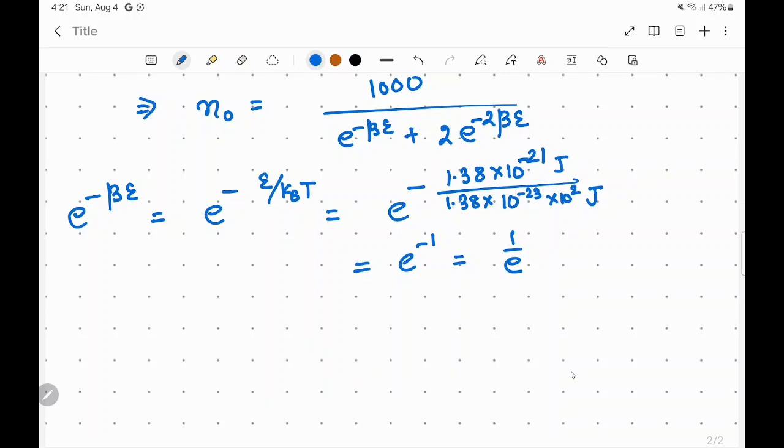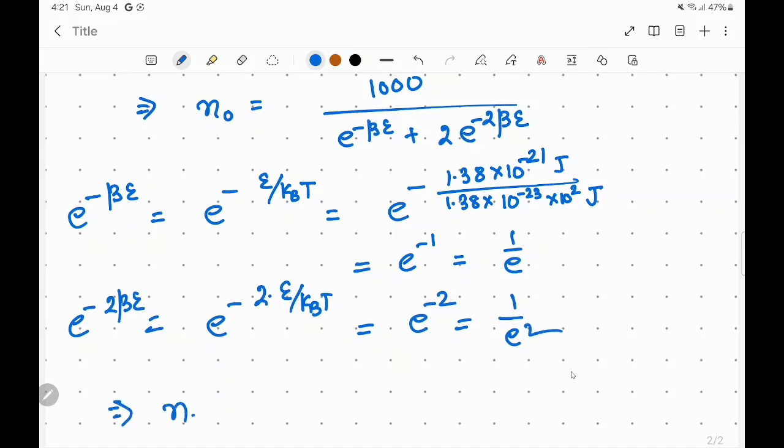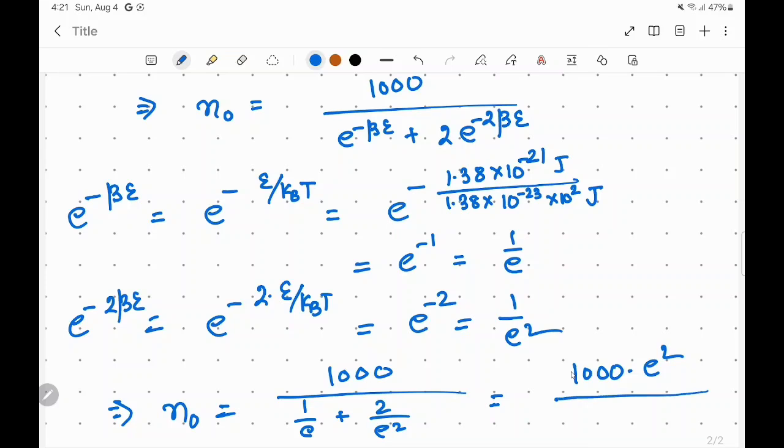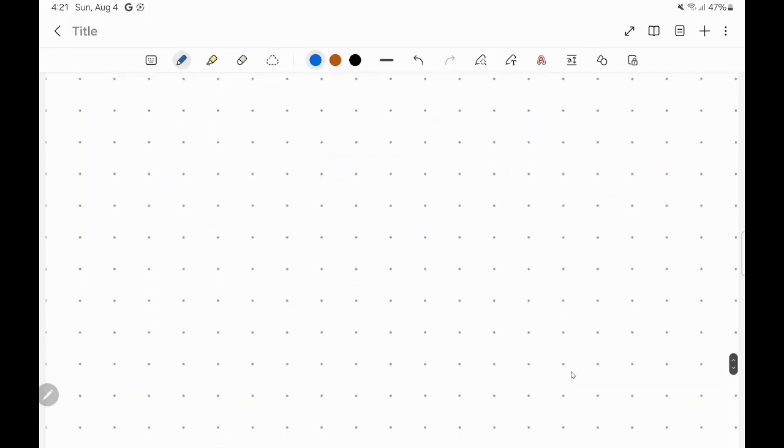Let me calculate it, it will be better. 2 beta epsilon will be 2 into epsilon by kbT, so it will be e to the power minus 2, so 1 by E square. Now directly you can write N0 equals 1000 divided by 1 by E plus 2 by E square. Okay. So if you do it, doing LCM, it will be 1000 into E square divided by 2 plus E. This is N0.